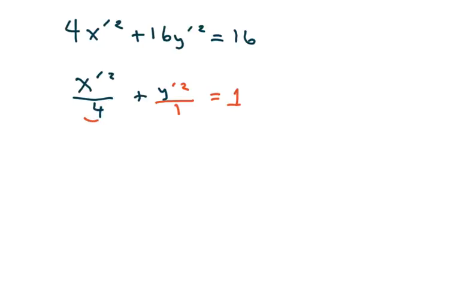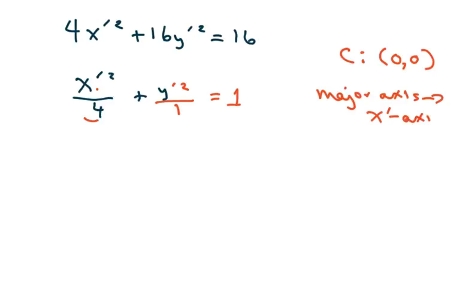The bigger number is under the x. The center, thank goodness, is 0, 0. And the major axis is going to be your x prime axis. And the vertices are at plus or minus 2, 0.